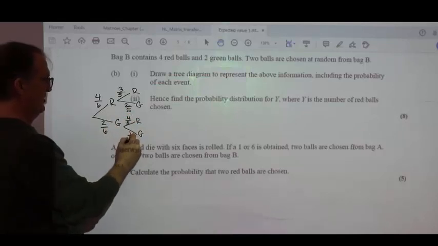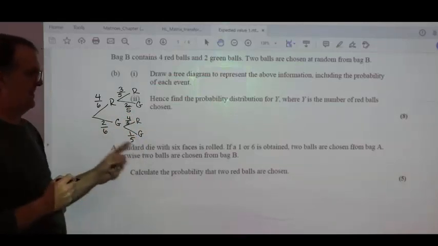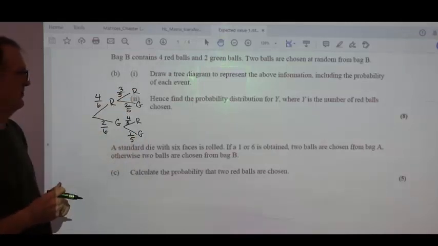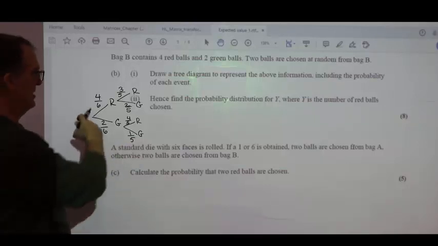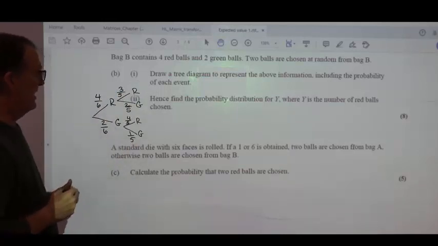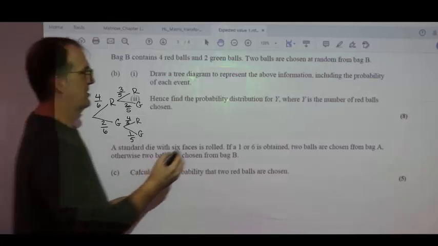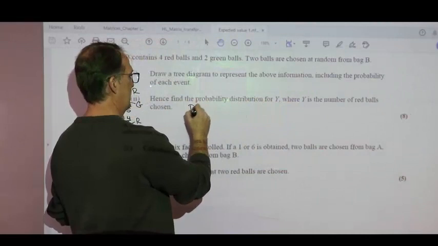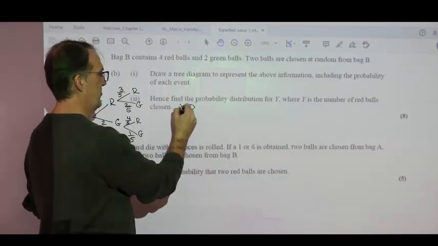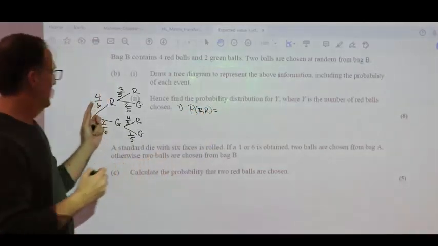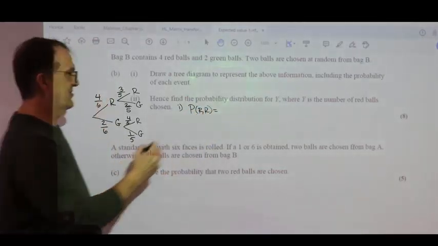And now there's only 1 green out of the possible 5 if I pick a green the first time. So this is what my tree diagram looks like. So the probability of each event, again it being a tree diagram, we just follow the branches and multiply as we go along. So the probability of 2 reds is 4/6 times 3/5.